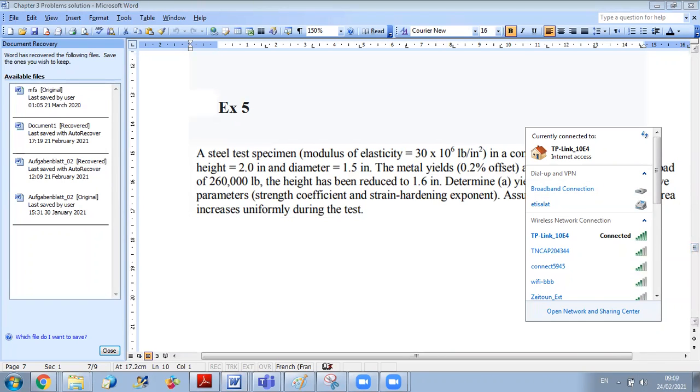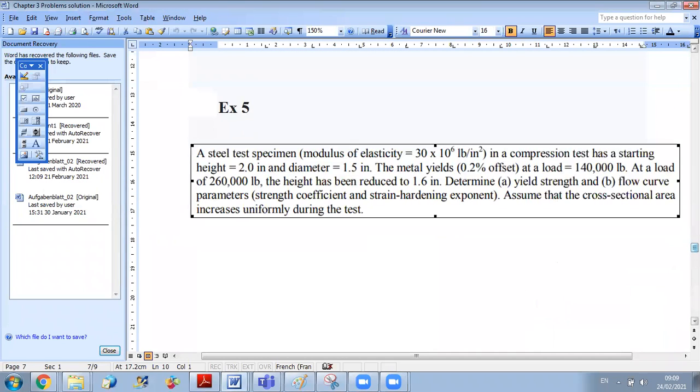A steel specimen of modulus of elasticity 30 times 10 to the power 6 lb per inch square in a compression test has a starting height of 2 inch and diameter of 1.5 inch. The metal yields with a 0.2% offset at a load of 140,000 lb.